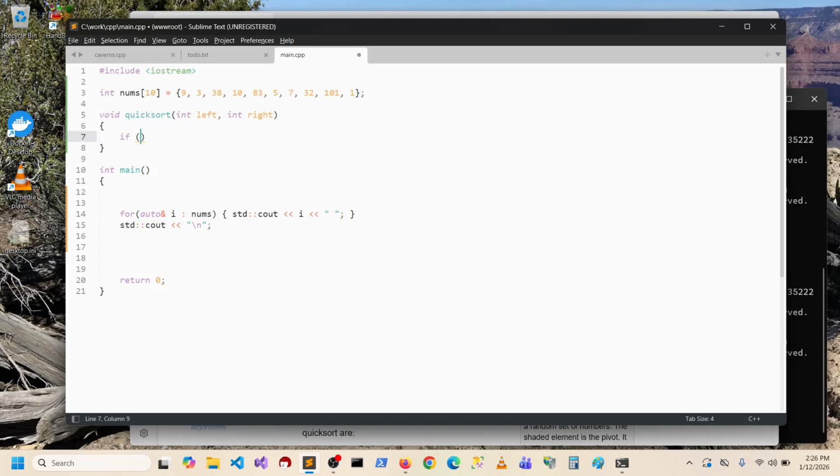Because we're going to need an algorithm that actually does the comparisons. So once I call Quicksort, it's going to run the actual algorithm. I'm thinking.